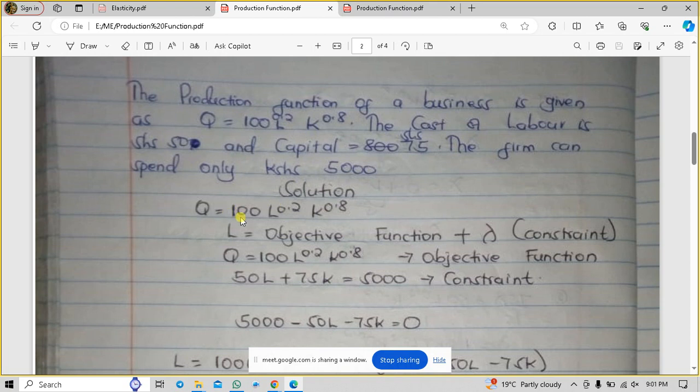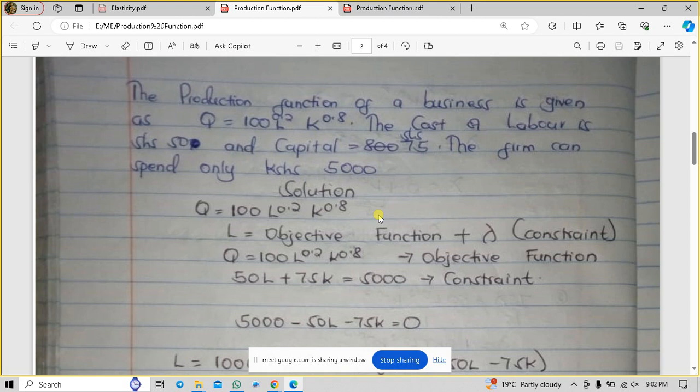Q is equals to, who can tell us what we are going to write? Q is equals to what? Exactly.